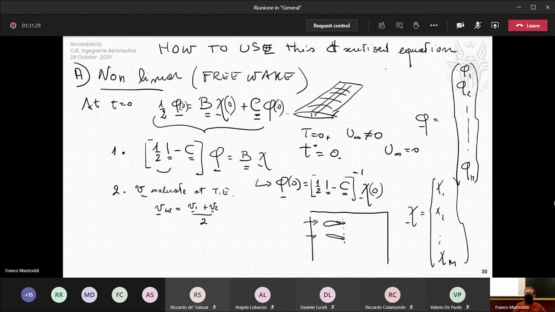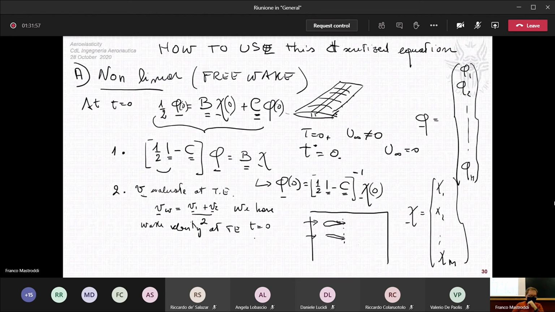Okay, so you have the wake velocity here, here, here, here, here. You have the wake velocity in the trailing edge. We have wake velocity at trailing edge at time t equal to 0.